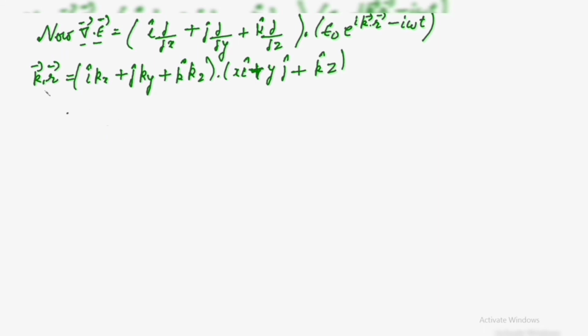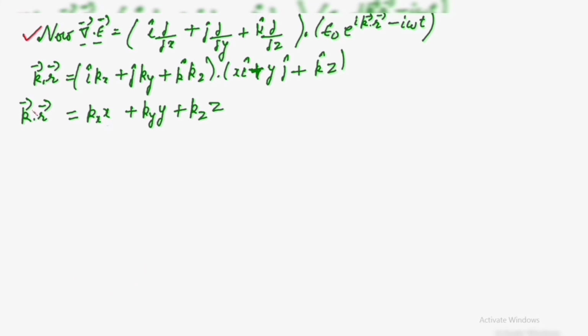So after solving we get kx x plus ky y plus kz z, which is the dot product of position vector and the propagation vector. We know i cap into i cap is 1, same for j cap and same for k cap. Now we put the value of k vector dot r vector in this equation.